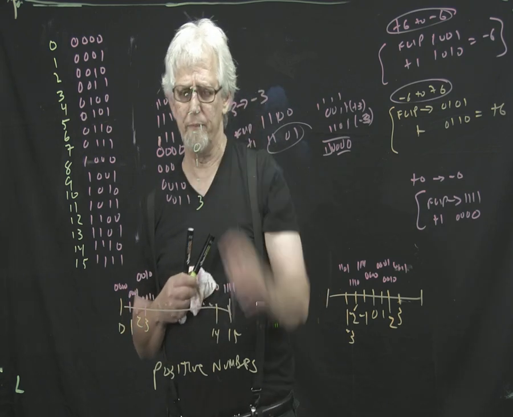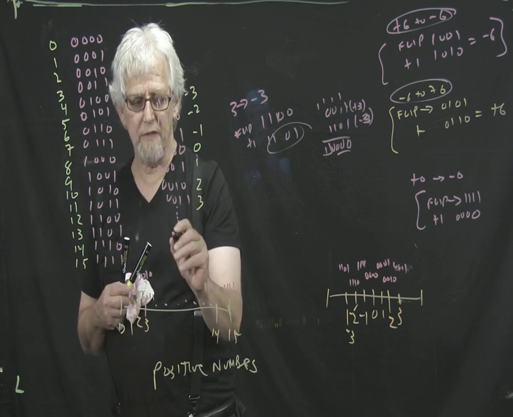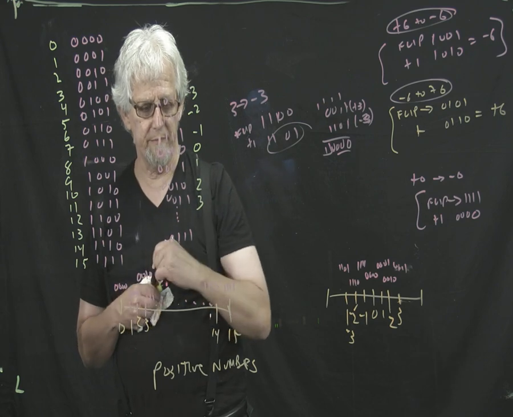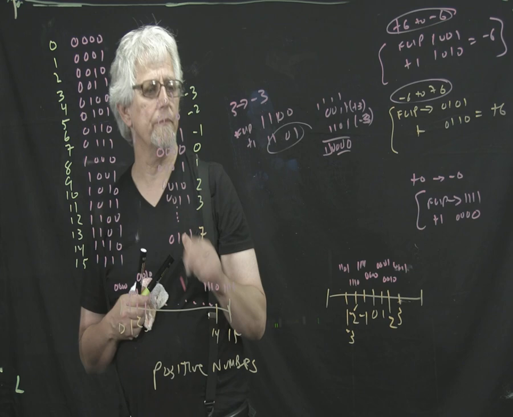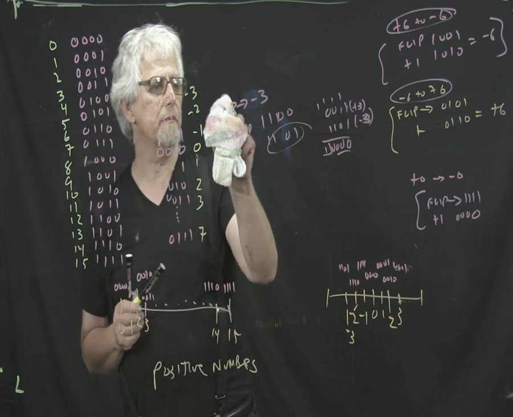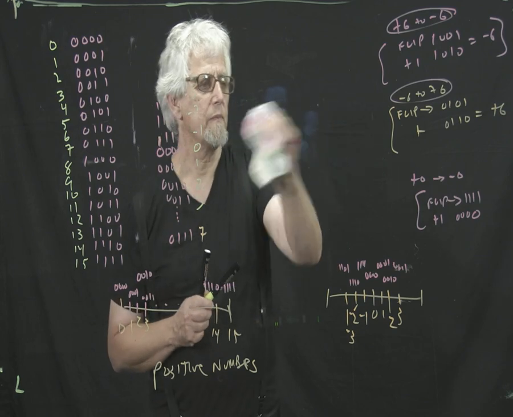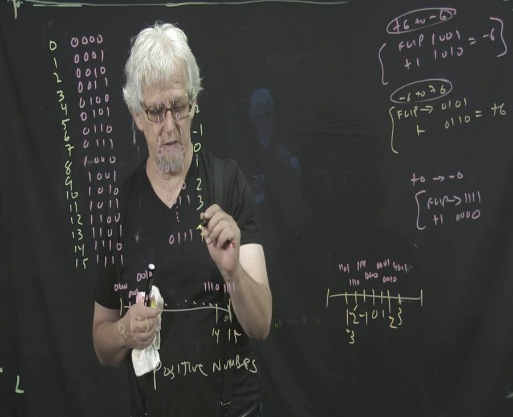Putting them in order. So I can keep going. This will definitely be 7. Okay, so what's minus 7? Let's calculate it. I'm sorry, this was supposed to be in green.